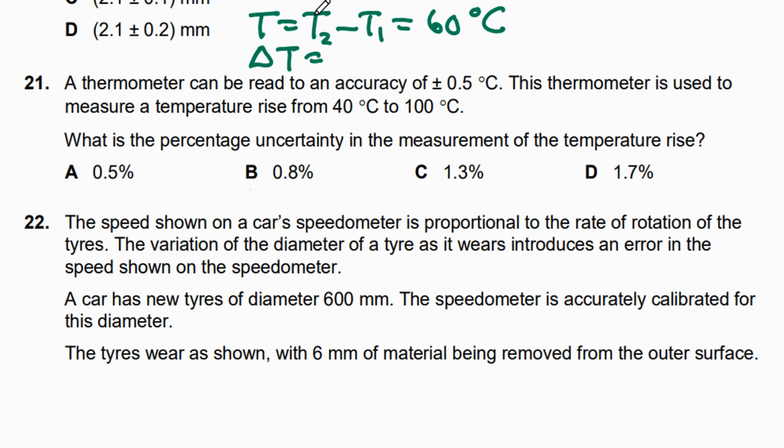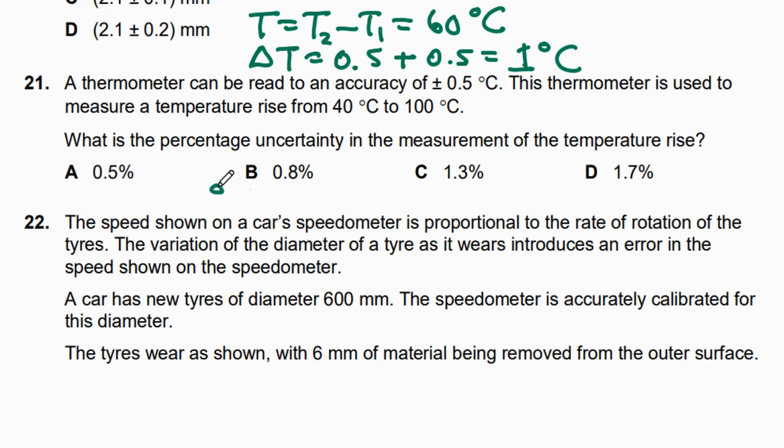So the reading T2 as well as the reading T1 will each have this absolute uncertainty. Now, the rule says that when we add or subtract values, we always add the absolute uncertainties. So we need to add 0.5 for T2 plus 0.5 for T1. And this is 1 degree centigrade. So we have the absolute uncertainty.